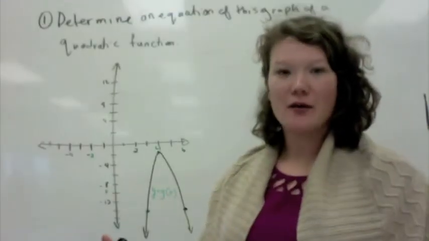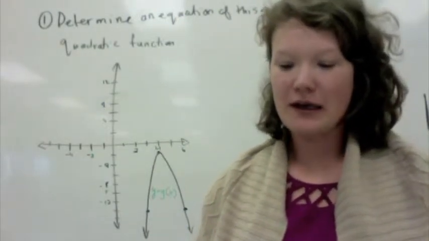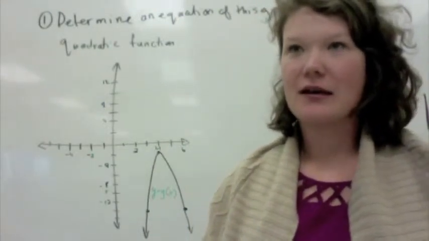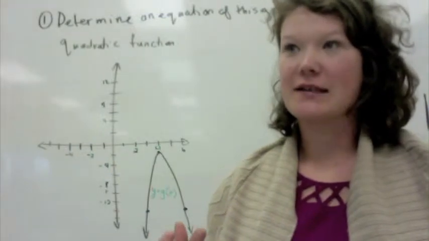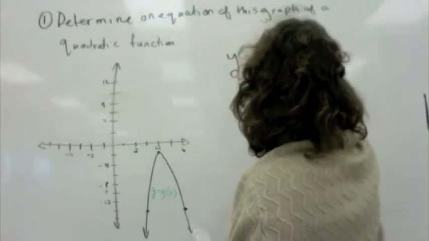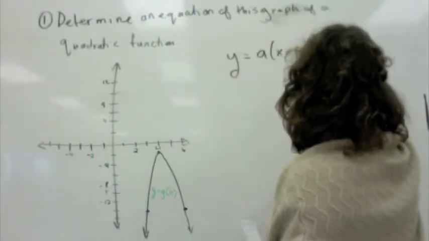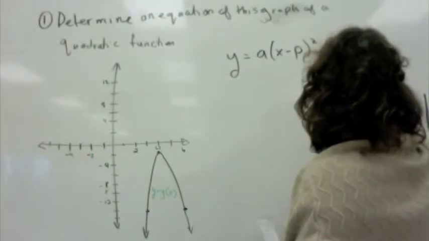Let's just write down the quadratic formula in the vertex form. So I would say y equals a(x minus p) squared plus q.